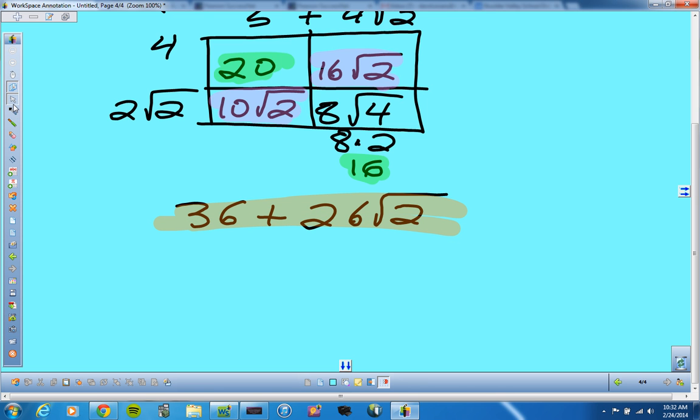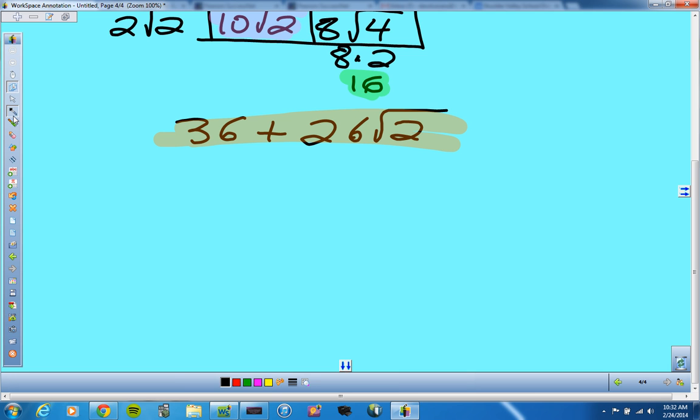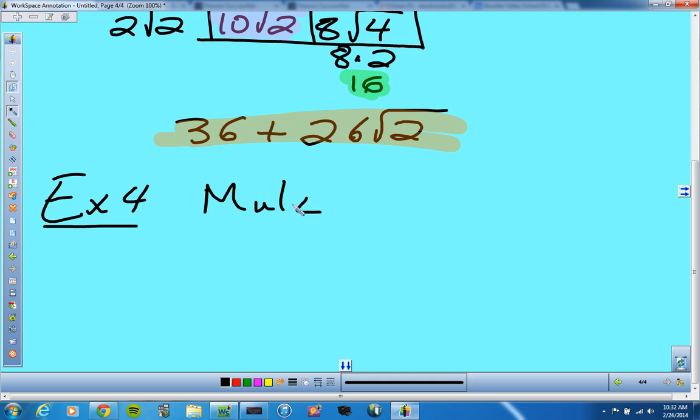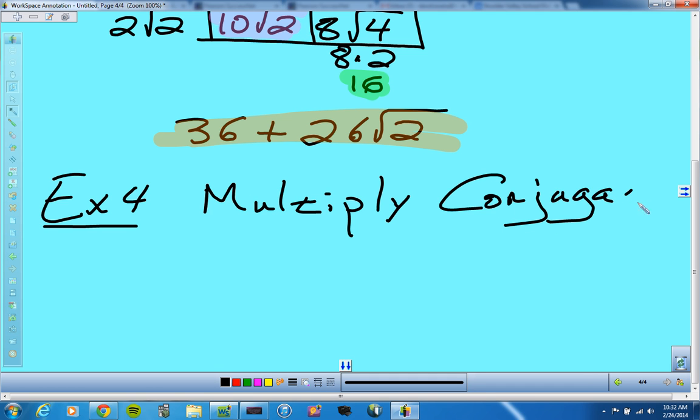Okay, so now we're going to multiply conjugates. Combine like terms diagonally, yes. We're going to do one exactly like it right now, except we're going to multiply so let's say we have 5 minus square root 7.